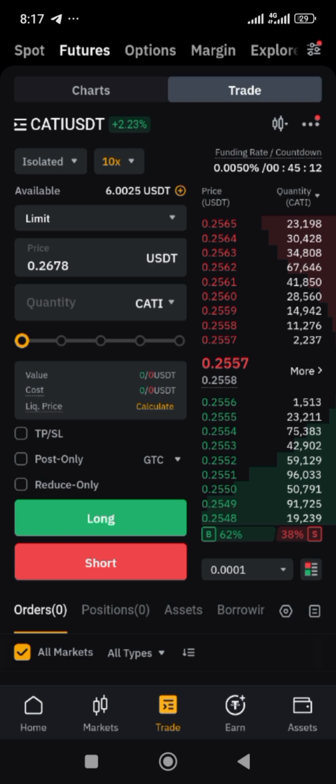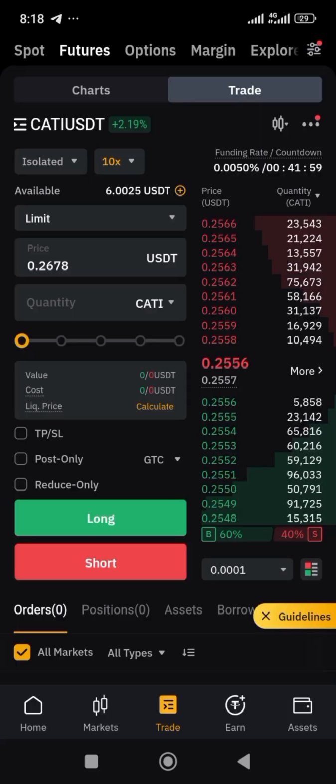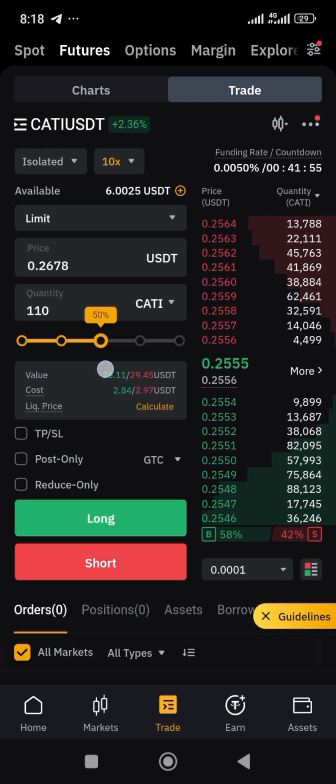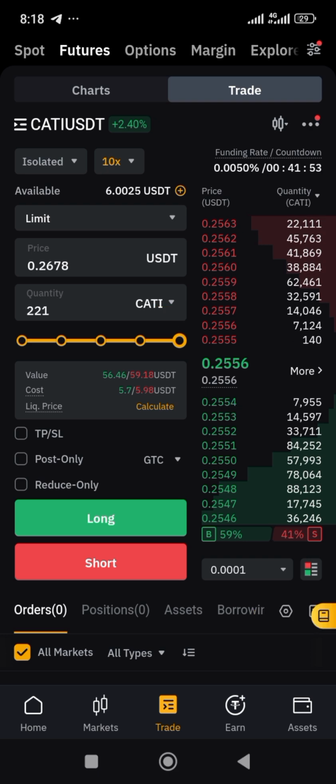Now it's always advisable that you use only about 15 or 20 or 30% of your wallet value to trade, just in case. But me, I'm putting it on 100% right now because it's just $6 here for the tutorial, and I use 10x and isolated.